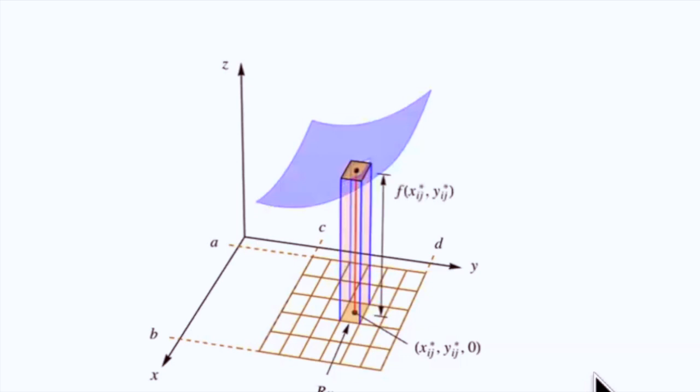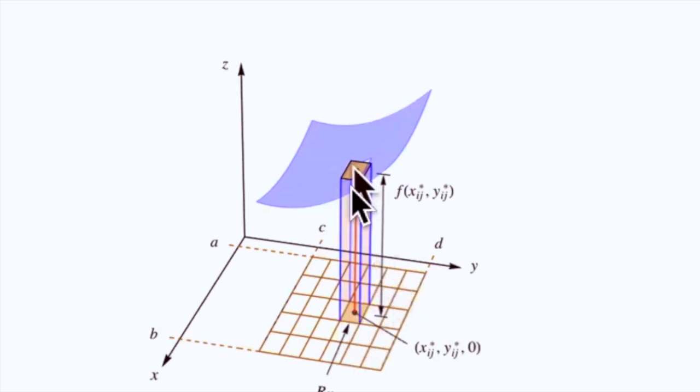And now you're going to use the function value at this point as the height. And then you're going to have this vertical rectangular box over here. You're going to use this value to approximate the volume under this part of the surface above this subrectangle. Do you guys get the idea? So how do you get the value for this subrectangle?